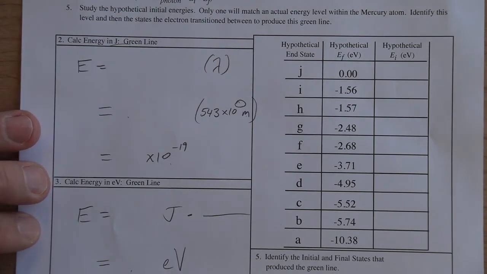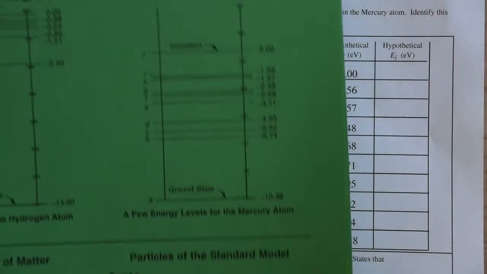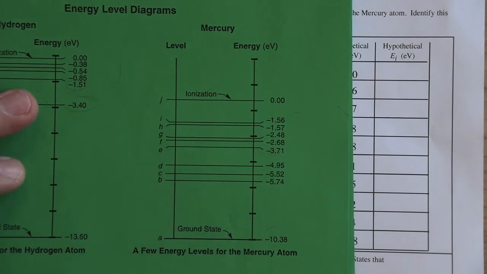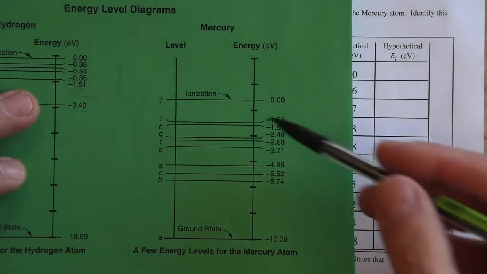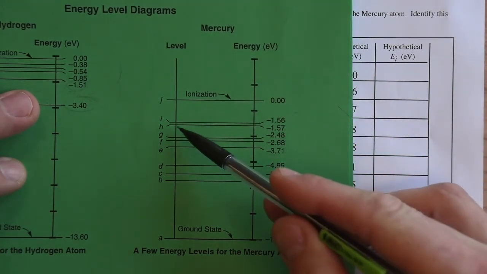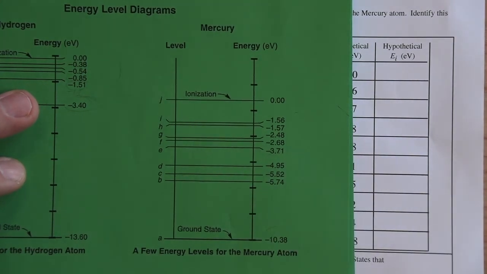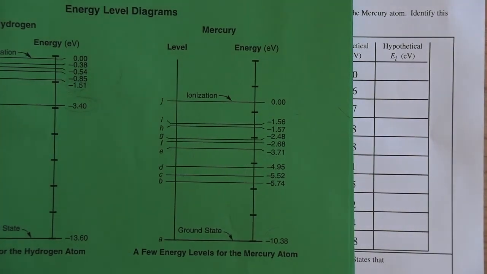All right, now what we want to do is figure out what two states the electron jumped between to produce that green line. Did it go from the I down to the G, or did it go from H down to C? That's what we want to find out. So how do we do that?